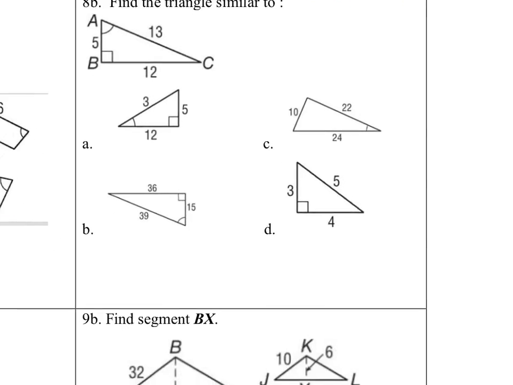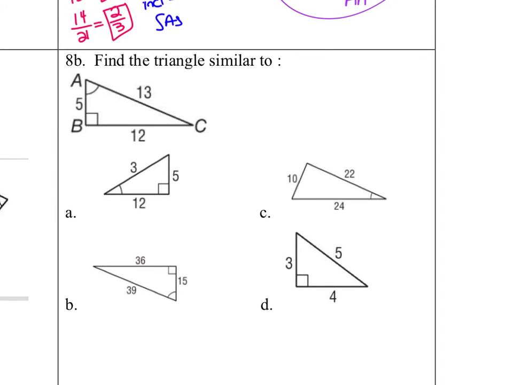Okay, so here we need to find the triangle similar to ABC. Okay, so we notice we have sides of 5, 12, and 13, a 90-degree angle here, and a congruent mark. So we need to look for those similarities between a specific triangle.